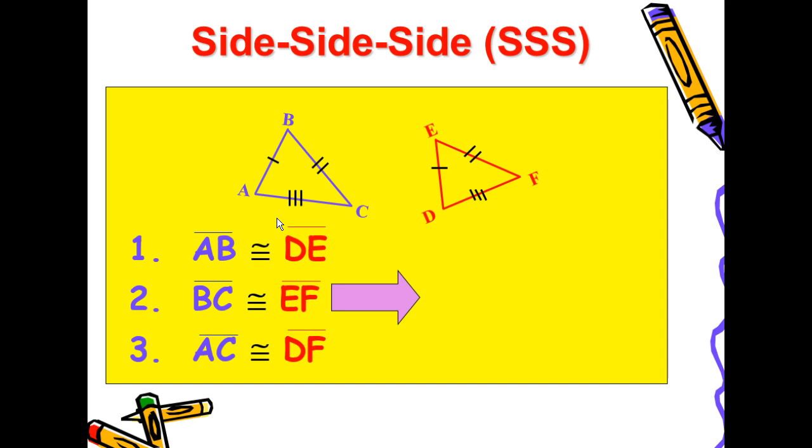You heard me right. No angles. Just the 3 S's. We proved that the triangles are congruent. We call it the side, side, side triangle congruence theorem. You will be abbreviating it simply by SSS.